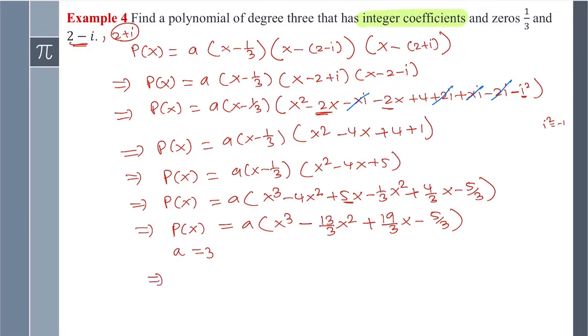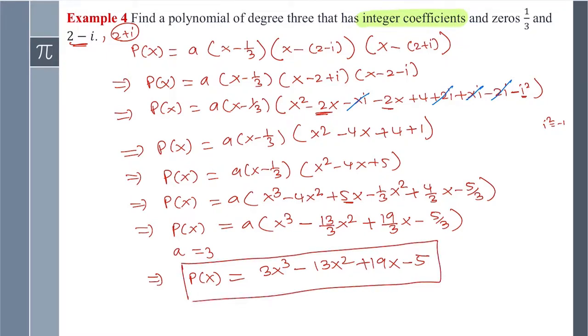We can take any value of a, but we are going to take a equals 3 because that's going to get rid of all the fractions. So p of x equals, if I take a equals 3, then I get 3x cubed minus, when I multiply by 3, 13x squared. When I multiply by 3, I get 19x. And then when I multiply by 3, I get minus 5. So this is the required polynomial.